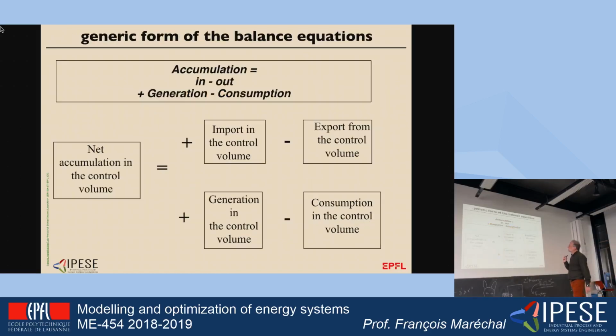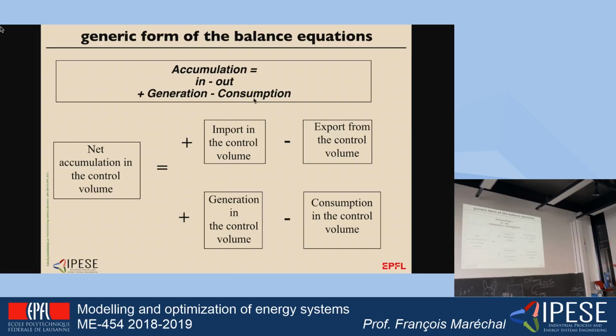When I'm looking at the balance equations, they have a generic form, shown here. It tells me that the accumulation is equal to what is entering minus what is leaving, plus what is generated minus what is consumed.